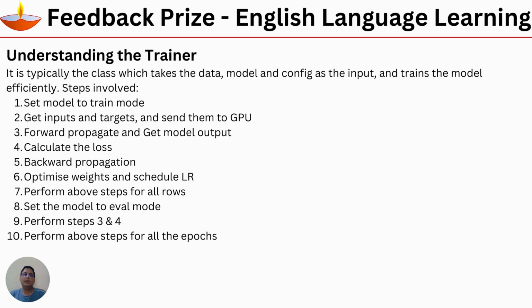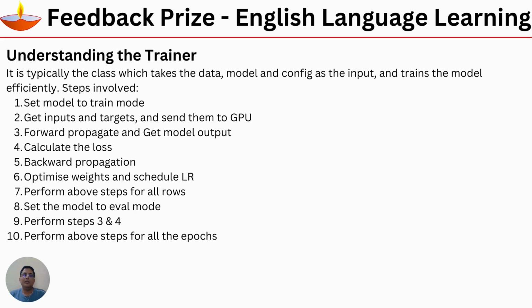The forward propagation is then done where we get the model outputs. With the model outputs, we are also able to calculate the loss. And then we do the back propagation of the loss where we essentially calculate the gradient and update the weights of the parameters. We then optimize the weights and then schedule the learning rate.